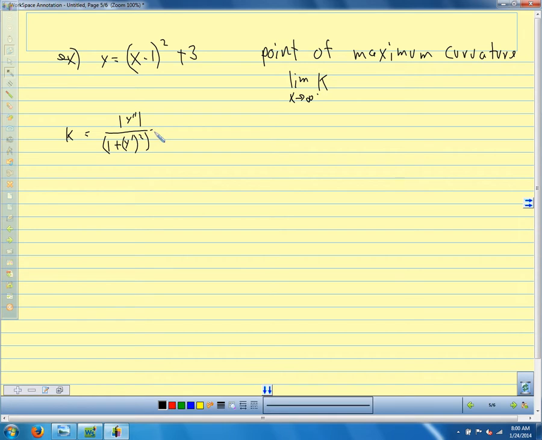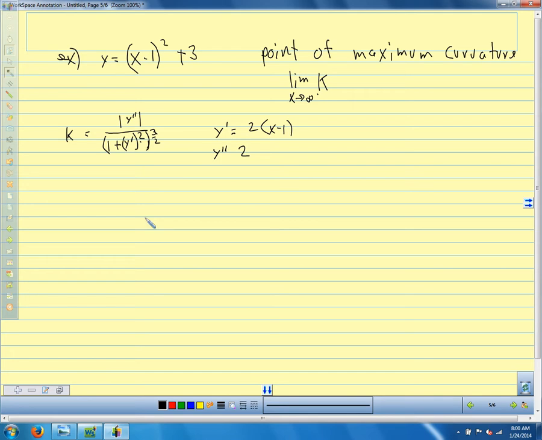This was what we came up with at the end of the day yesterday for curvature when we have y equals f of x. So we need y prime and y double prime. Not too bad. Y prime is 2 times (x minus 1). Y double prime is 2.